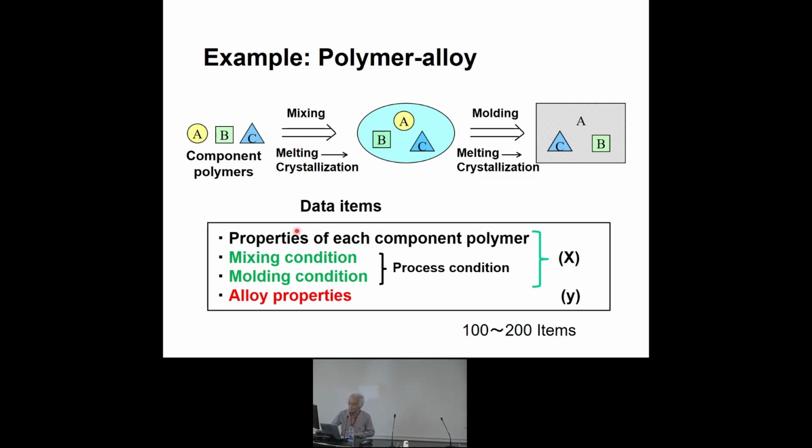So in this case, the data items are the following. The property of each component polymer, of course. And in addition, mixing condition and molding condition. This is very important information for preparation of the polymer alloy. So in this case, this process condition is added to the X value. Polymer properties are used as the Y value.